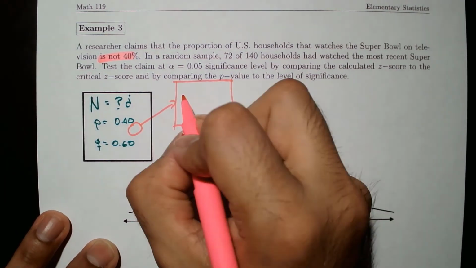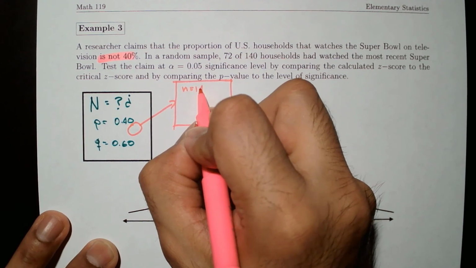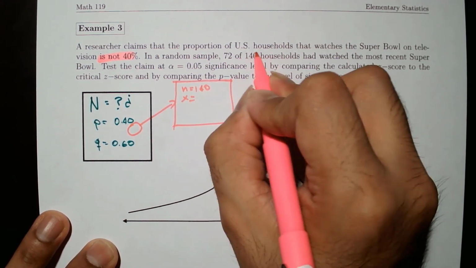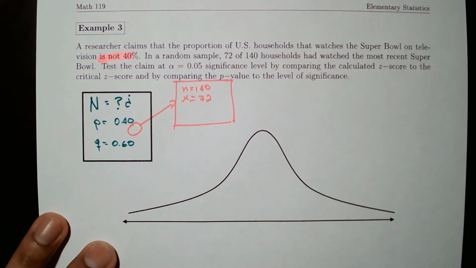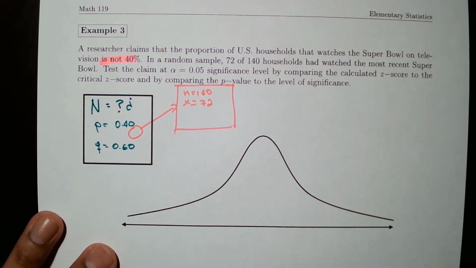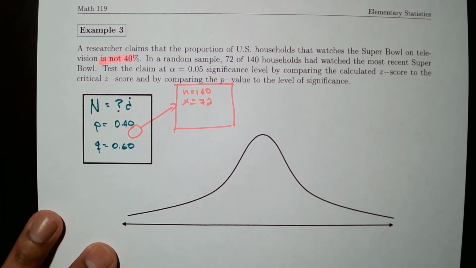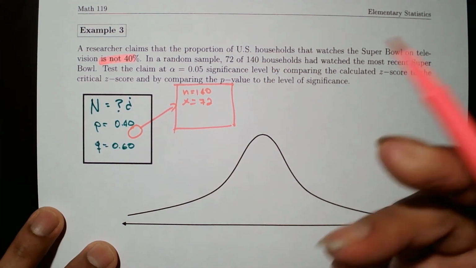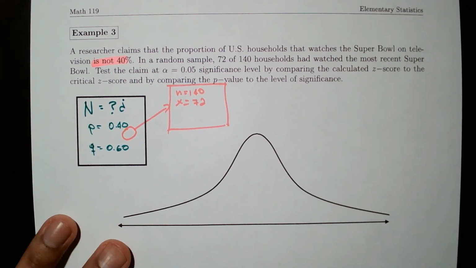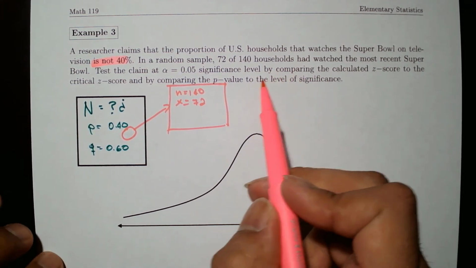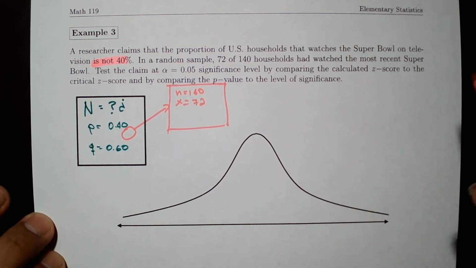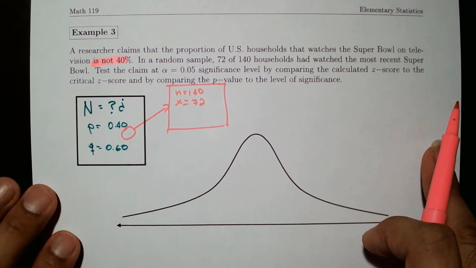In this case, n equals 140, x equals 72, because those are the successes that actually watched the Super Bowl on television. There are people who watch the Super Bowl maybe on their phones, or go to a bar, but not on television at home. That's our claim here. That's what we wanted to test.